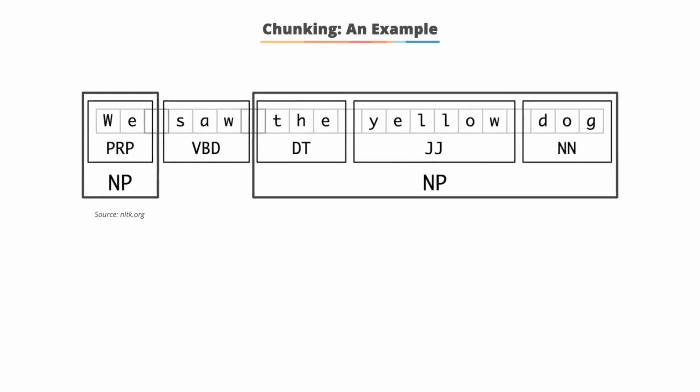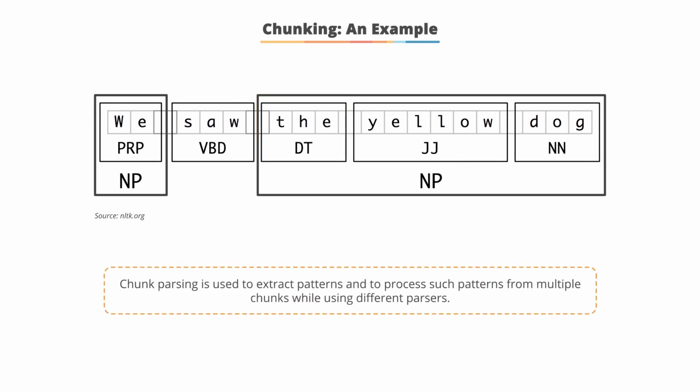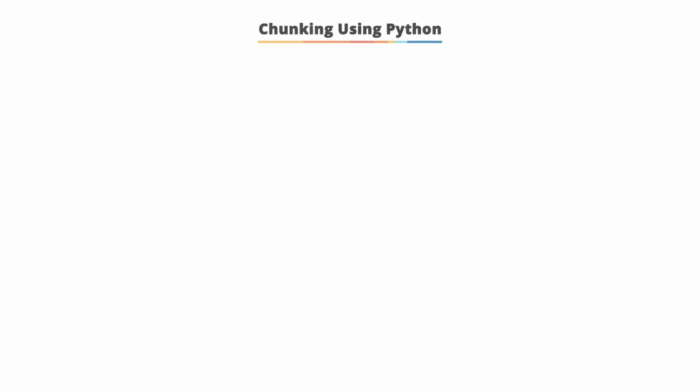Let's look at the given example. You can see here that yellow is an adjective, dog is a noun, and the is the determiner, which are chunked together into a noun phrase. Similarly, chunk parsing is used to extract patterns and to process such patterns from multiple chunks while using different parsers. Let's take an example and try to understand how chunking is performed in Python.